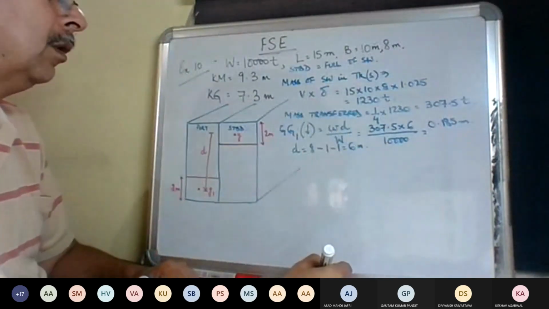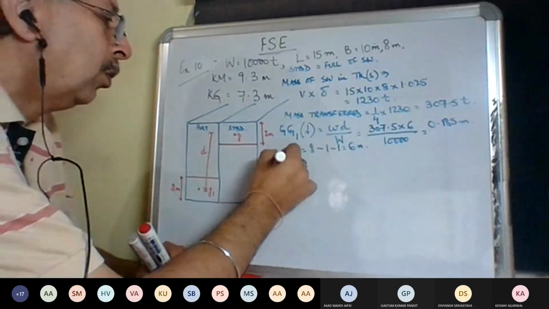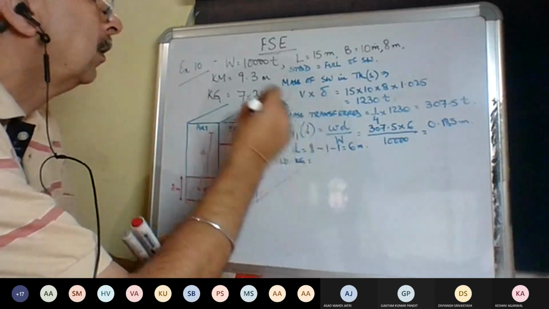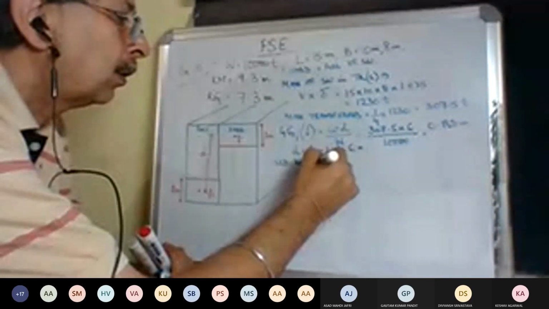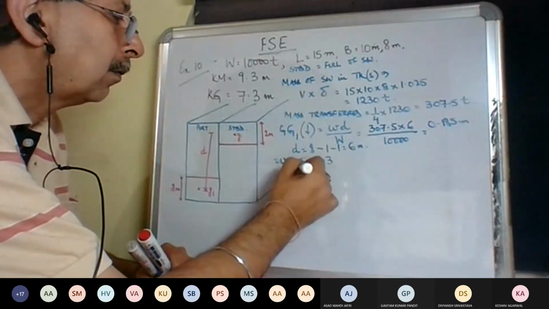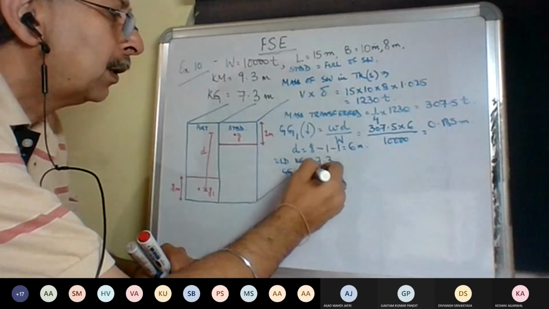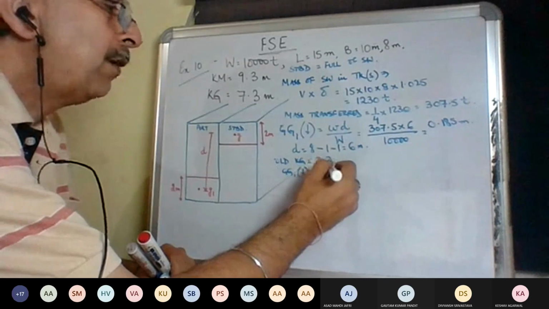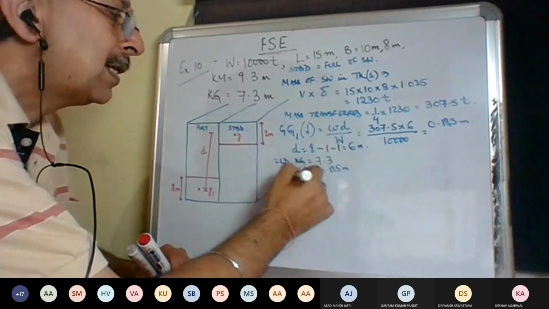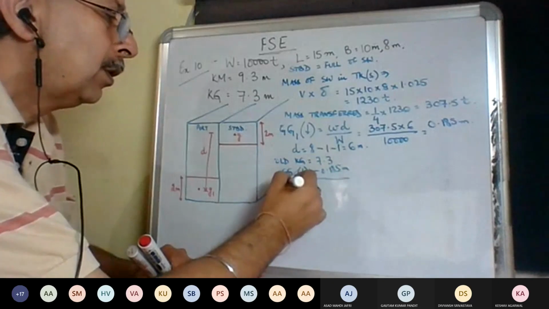Okay. Now, old KG was 7.3. GG1 downward is 0.185. So minus, because it is going down.